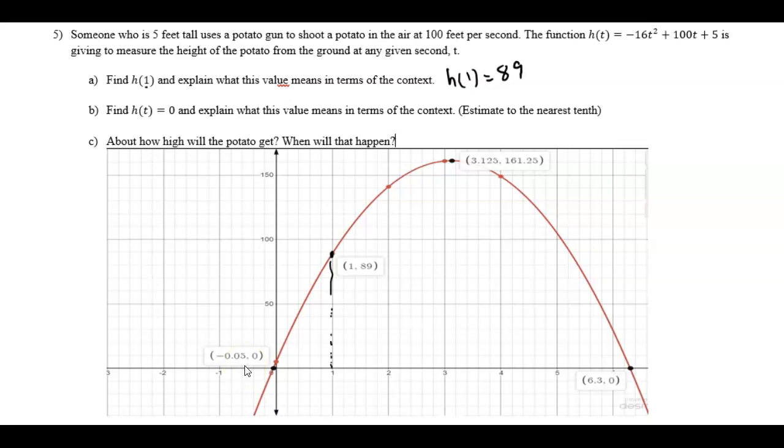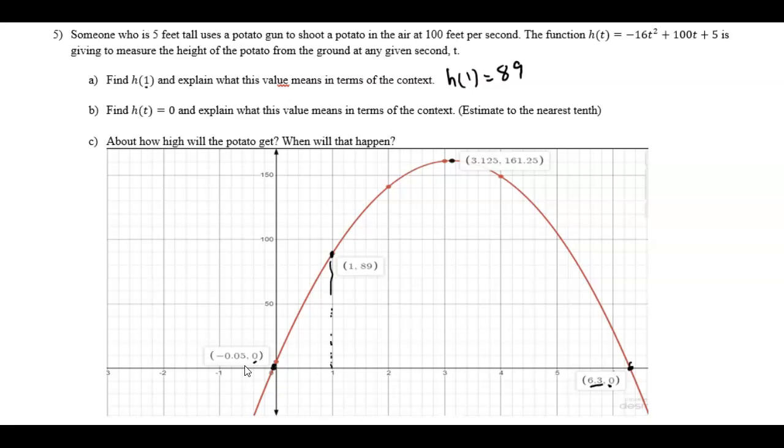Y is 0 always on the x-axis. So we got a point at negative 0.05, and also when y is 0, we have another point where x, or the time, is 6.3.